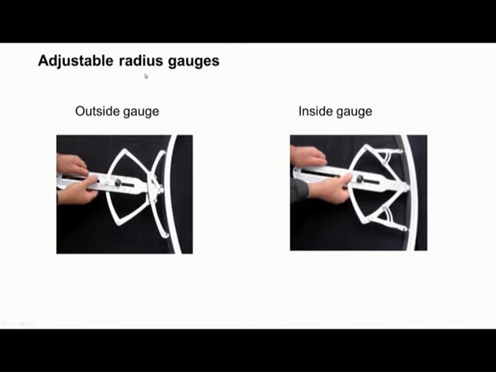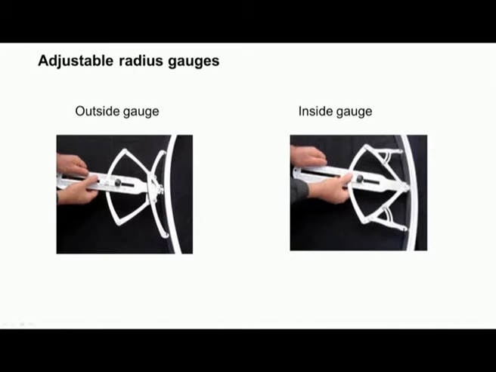Now, these are adjustable radius gauges. This is an outside gauge used to measure the radius of convex workpieces. You can see here totally 3 points are there. All these 3 points should be in contact with the workpiece, and then we should move this slide.